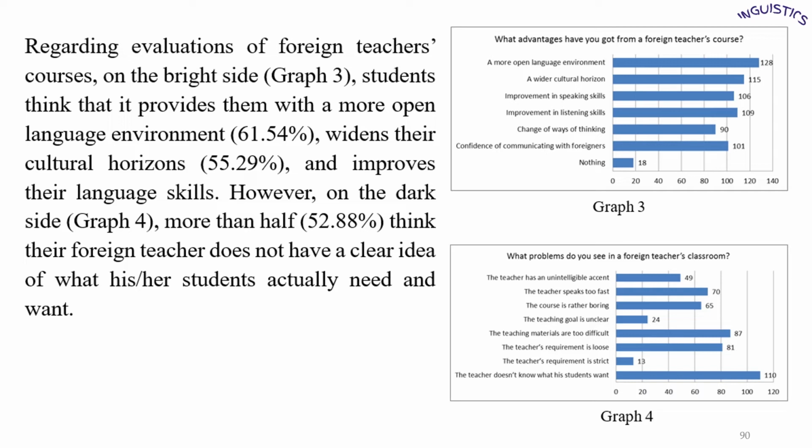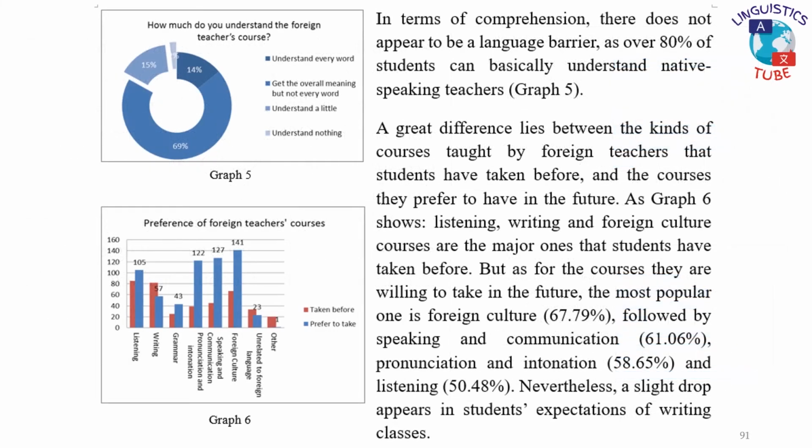However, on the dark side, graph 4, more than half, 52.88%, think their foreign teacher does not have a clear idea of what his or her students actually need and want. In terms of comprehension, there does not appear to be a language barrier, as over 80% of students can basically understand native-speaking teachers. Graph 5.